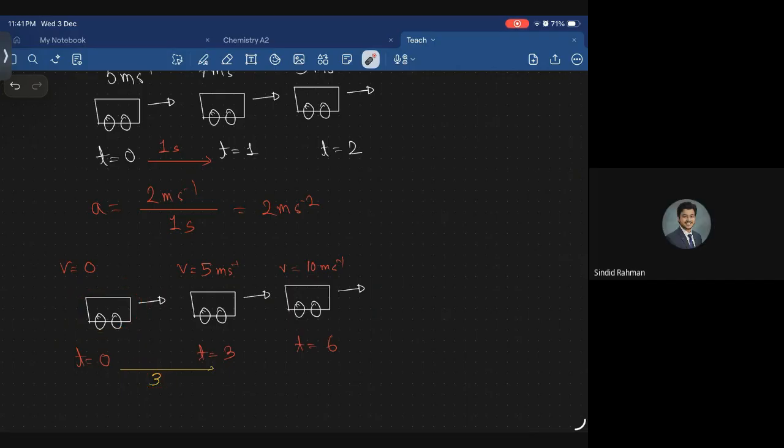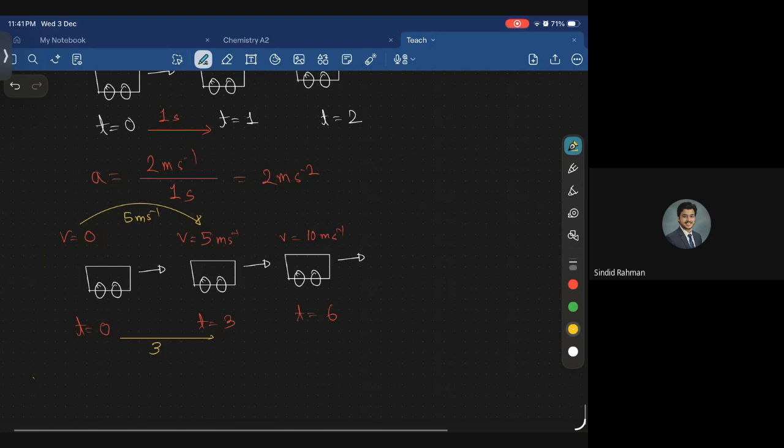And what is the change in speed? From here to here, the change in speed is 5 meters per second, right? So what is the formula for acceleration? Acceleration is change in speed or velocity per unit time.